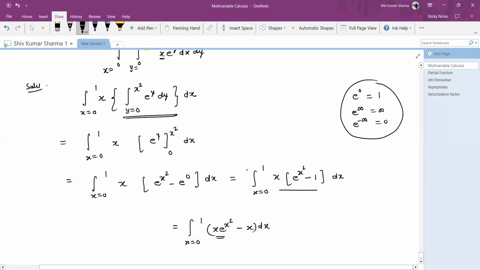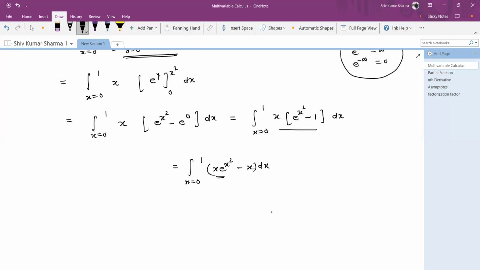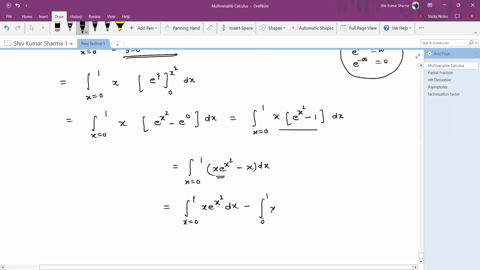Here we have two functions, x and the exponential e raised to the power x square, so we convert this into two integrals: the integral 0 to 1 of x e raised to the power x square dx, minus the integral 0 to 1 of x dx.